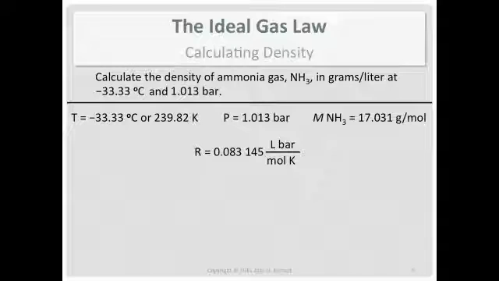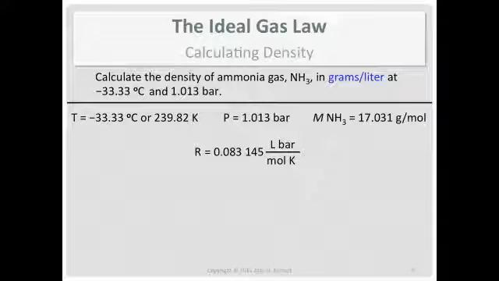Now, starting this problem is a little challenging. If we're not going to use the mathematical equation, we focus on the units. And we want grams per liter. Now, if you look at the value of R, it doesn't have grams in it, does it? So, do we want liters bar over mole Kelvin or mole Kelvin over liters bar?